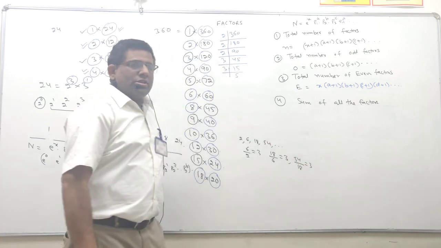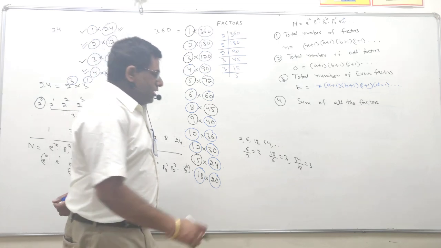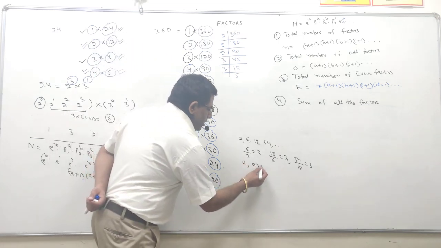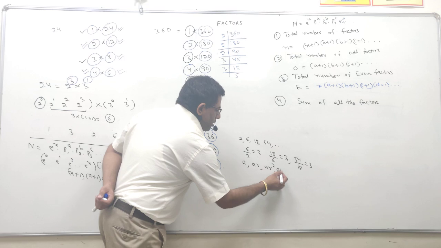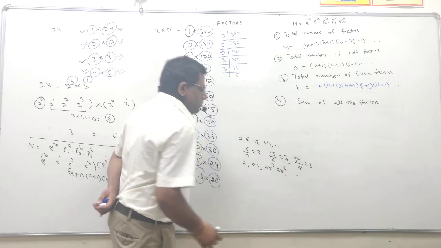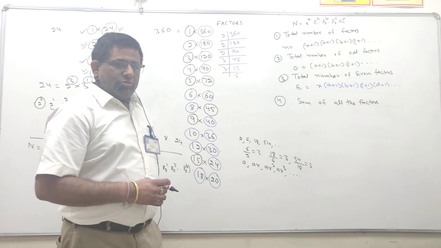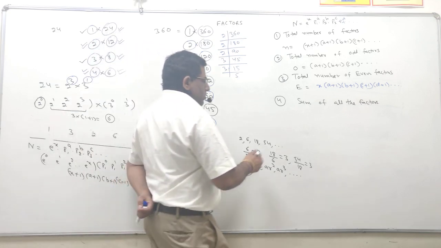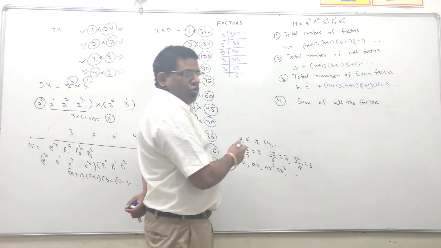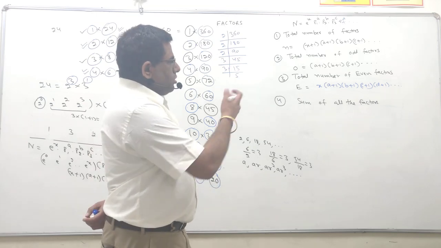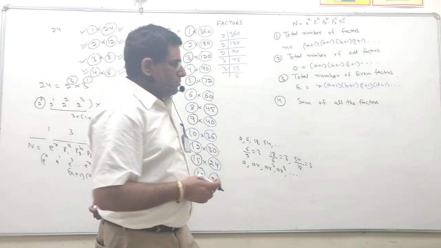This kind of sequence is called a geometric progression sequence, and its terms are given as A, AR, AR square, AR cube and so on. And if we have to calculate the sum of any geometric progression sequence, I am just deriving the formula so that I can use it for getting the sum of all the factors. Okay.